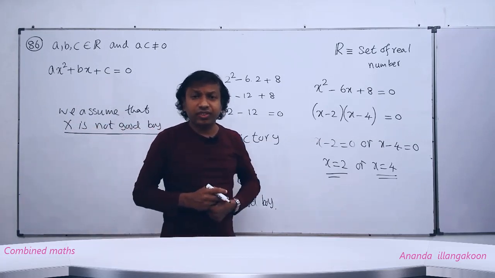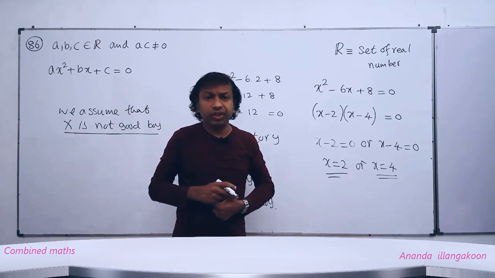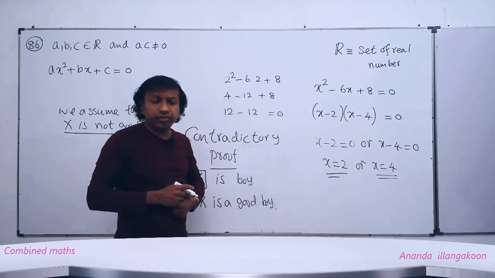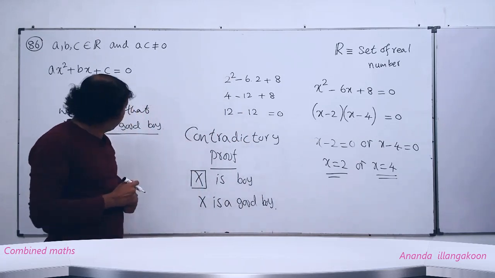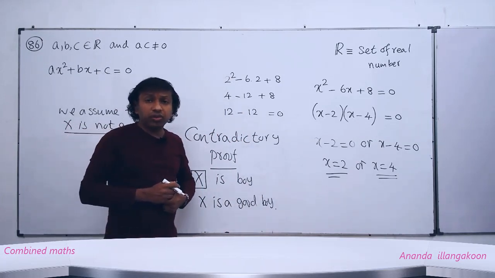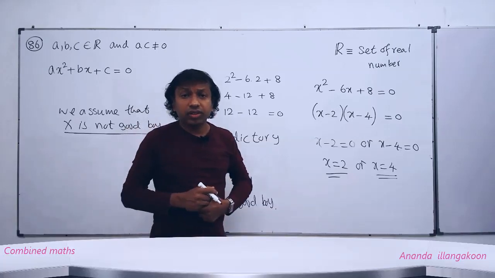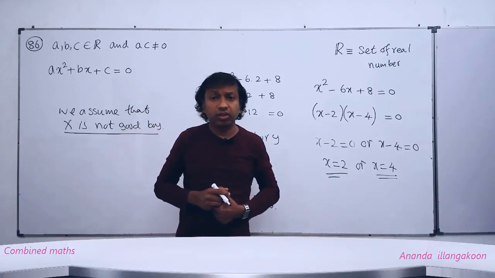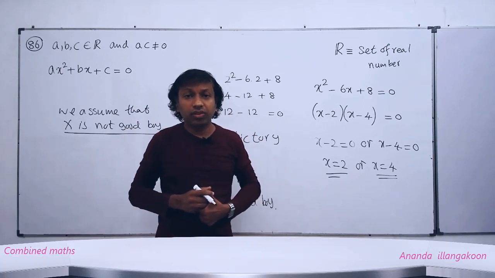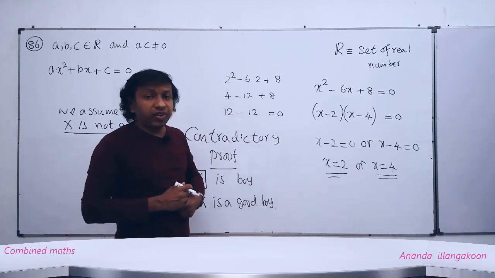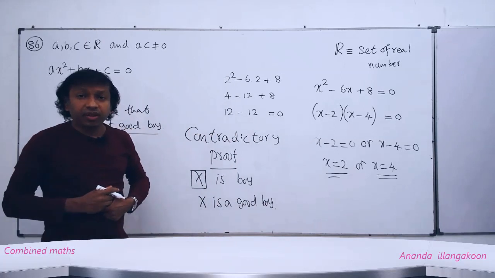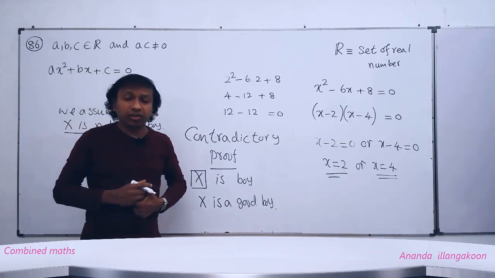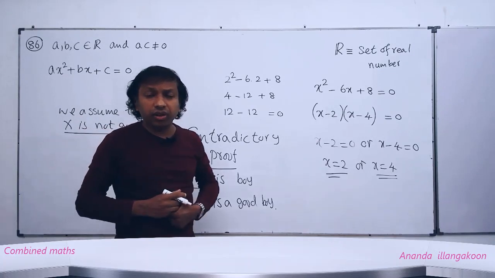No, X is doing that every day. If X is not a good boy, X should not study well, but X works well. If X is not a good boy, he should work on the computer all day. No, X is not that way.